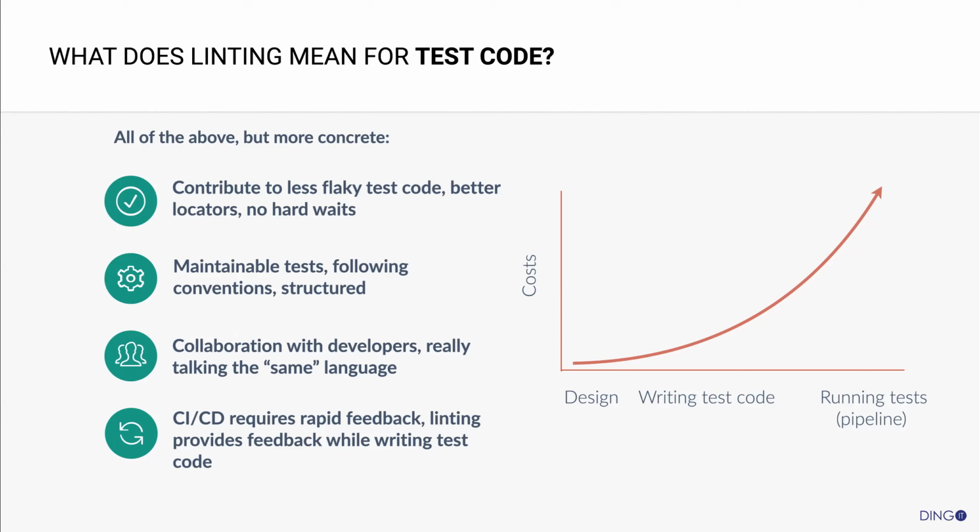So running tests in the pipeline. I don't know if you've ever debugged a test that was failing on the pipeline only and not locally, but that feedback loop is much longer to debug and to solve that problem, as opposed to when you're writing the test in your editor, before even pushing it to the code base.